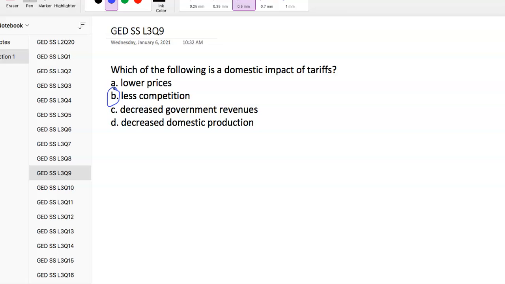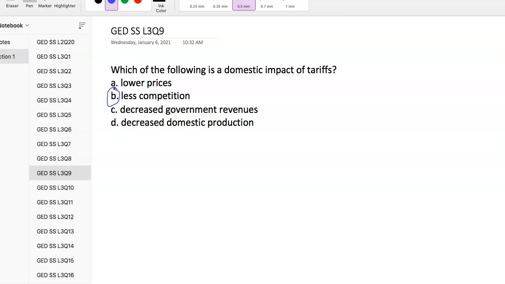Tariffs, they are a boon to domestic producers who will now face reduced competition in their home market. The reduced competition causes prices to rise. The sales of domestic producers should also rise, all else being equal. The tariffs also increase government revenues that can be used to the benefit of the economy.